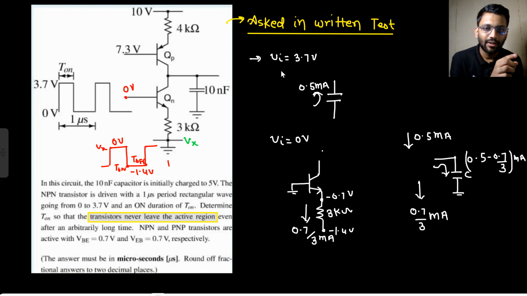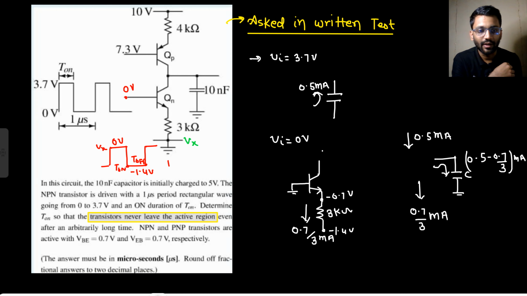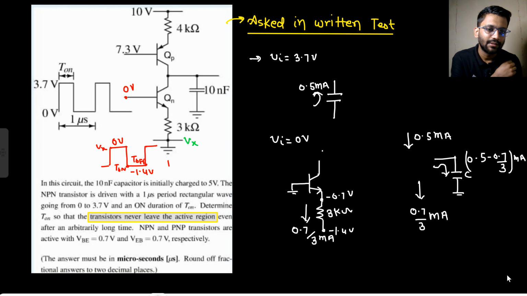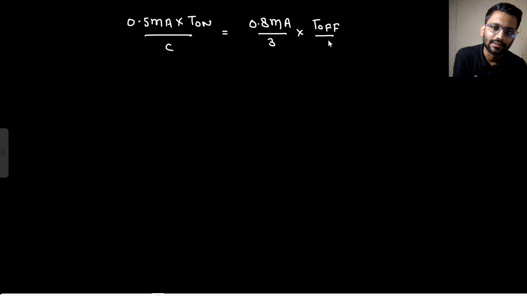So 0.5 milliampere into T on by C, this was happening for T on time, that would be equal to 0.5 minus 0.7 by 3, so it would be 0.8 by 3 milliampere into T off by C. So from here, what do you get? 1.5 by 0.8 into T on is equal to T off.